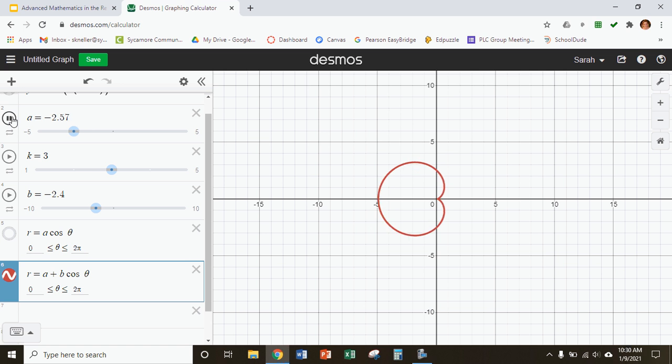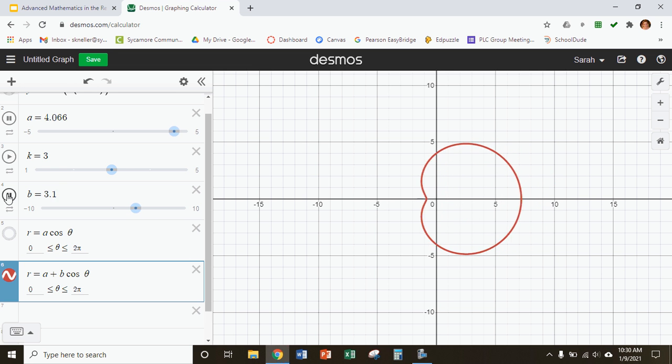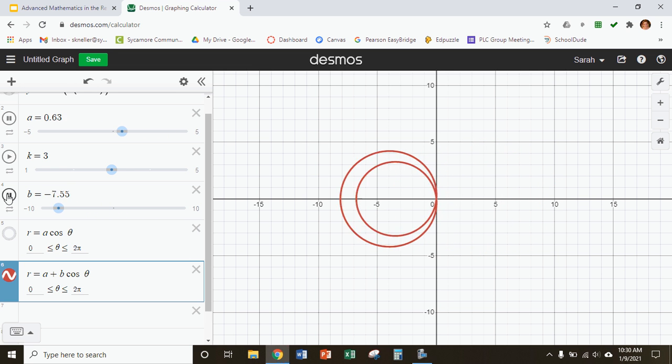I hit A. Now the whole function is just wrapped around the x-axis instead of the y-axis. So sine and cosine kind of change what axis your function is rotated around or has symmetry around. And then you can animate B as well, and it kind of flips it from one side to the other. So that's kind of cool to watch.